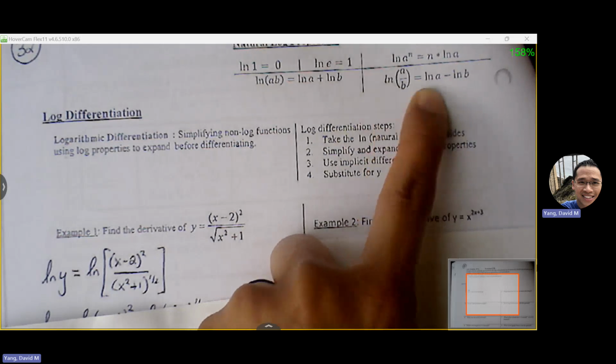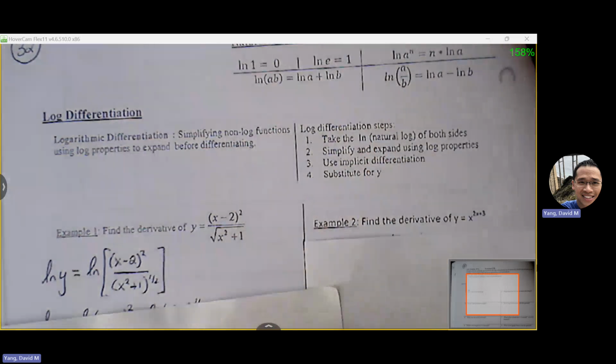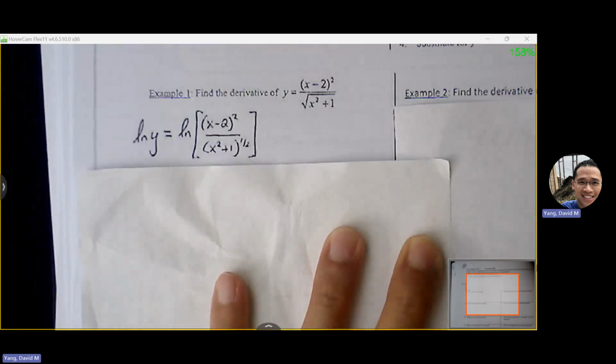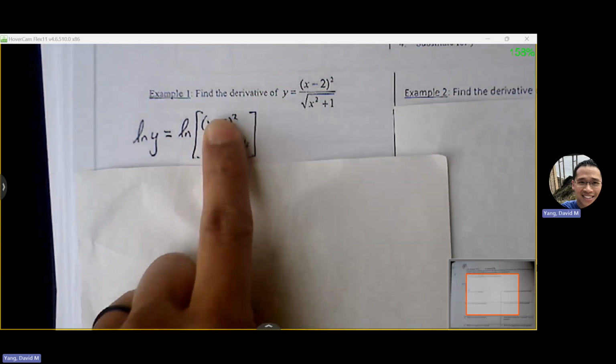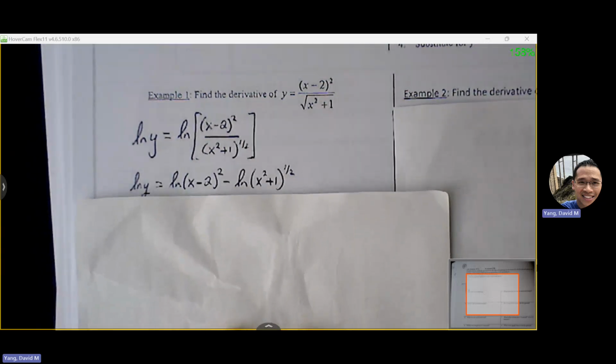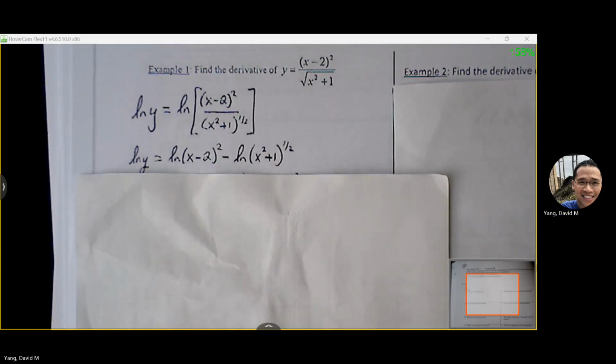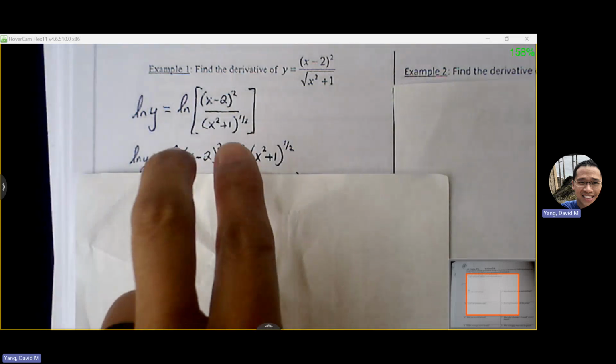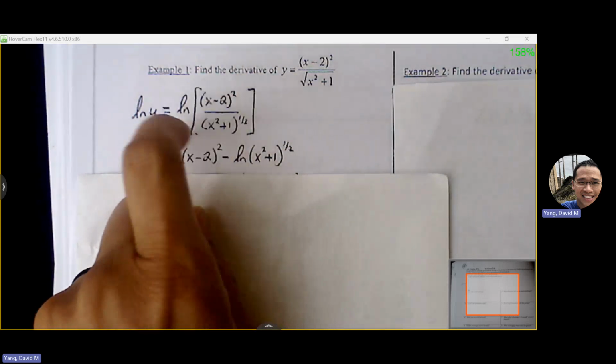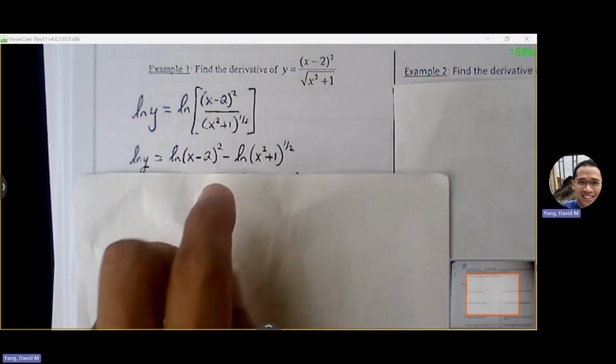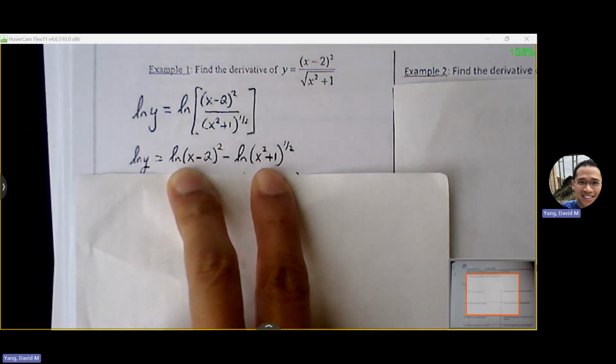So natural log of A over B equals natural log of A minus natural log of B. So I'm going to take my numerator and denominator and split them up into two separate natural log expressions. So already we're dealing with an easier problem, because something that was initially one connected mess is now broken up into two smaller terms.